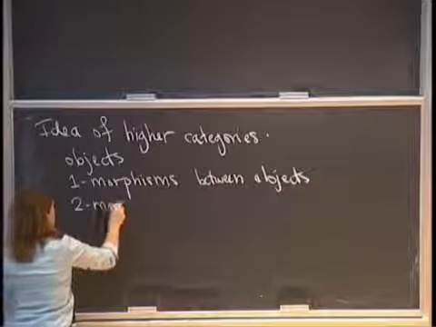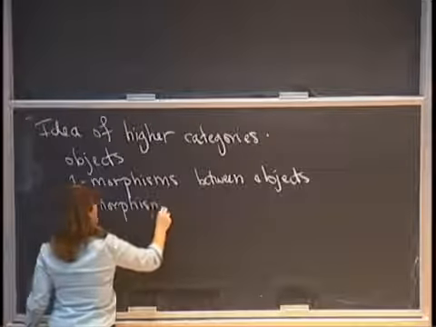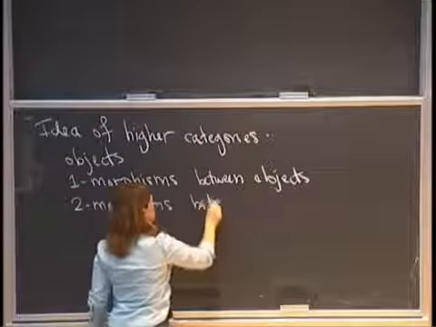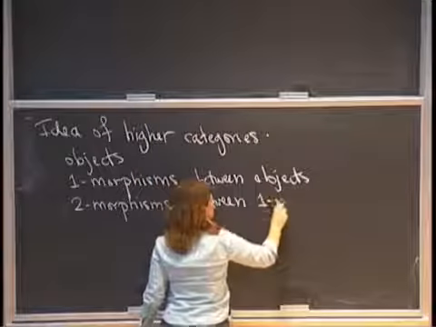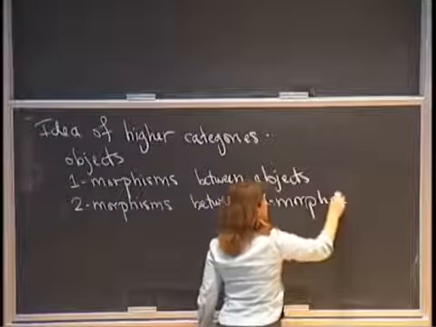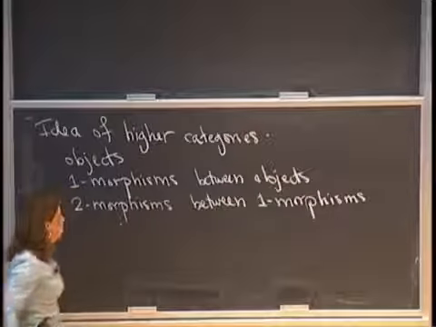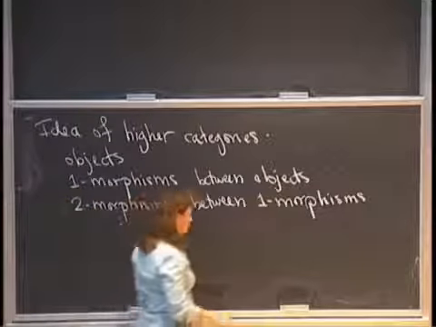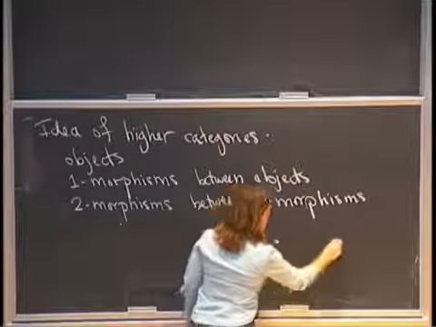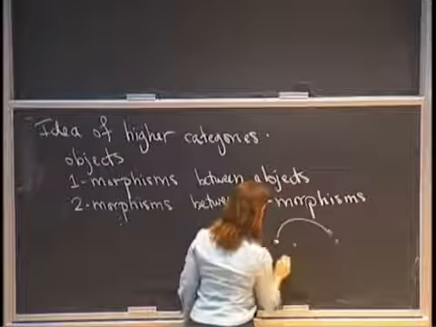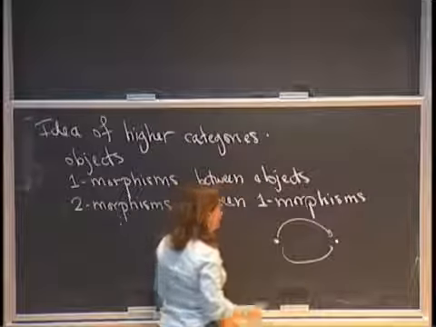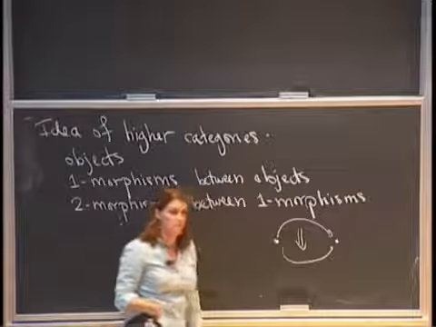Now between one-morphisms, I can have two-morphisms. And then you can keep going. At least this far, I can draw a picture. So maybe you have objects like this, you have a couple of different one-morphisms, and then you have a two-morphism between them.